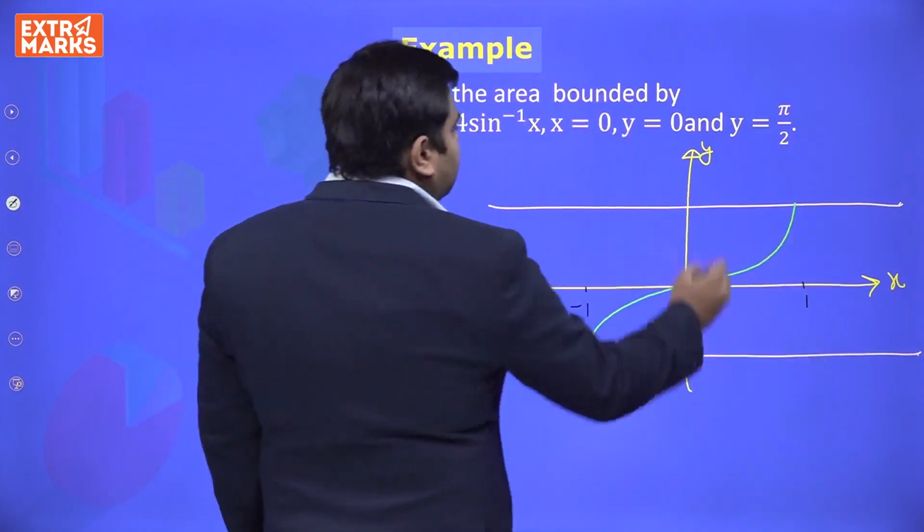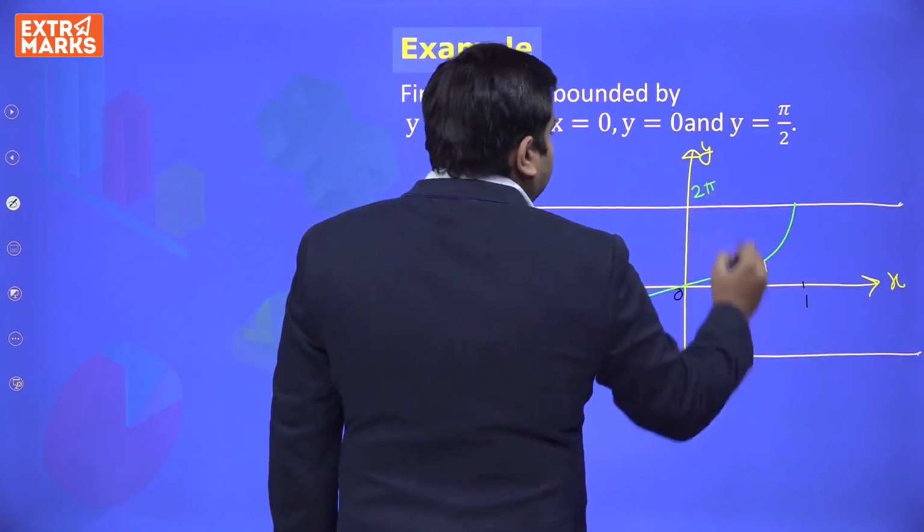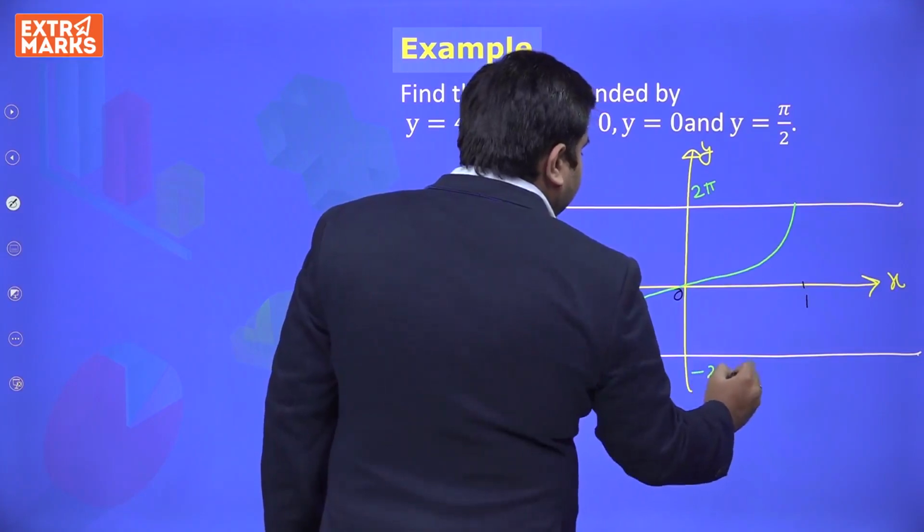So this is 0, this is 4 into pi by 2. 4 into pi by 2 is 2 pi, and this is minus 2 pi.